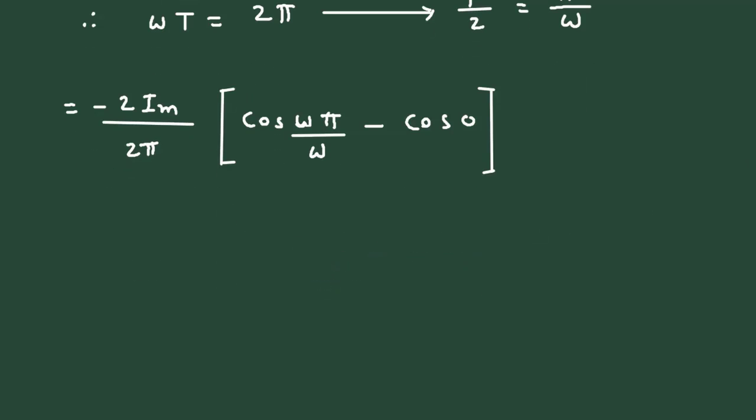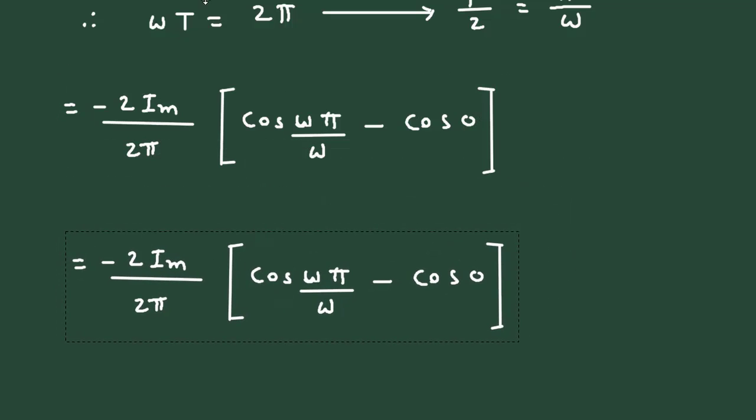And this omega and this omega will get cancelled. So again, let's copy this. Now here, this 2 and this 2 will get cancelled, and this omega and this omega will get cancelled.